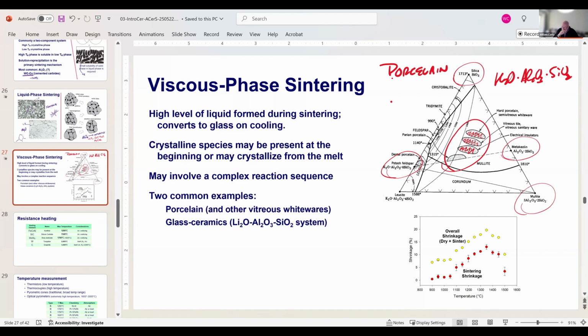But essentially what happens is that this formation, a liquid phase here at 990, then that liquid phase grows, and you form densification. At the end of densification, you get about 55% liquid, which then goes to a glass, cooling.